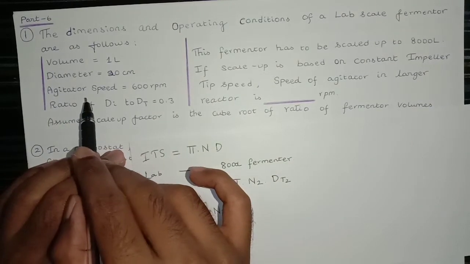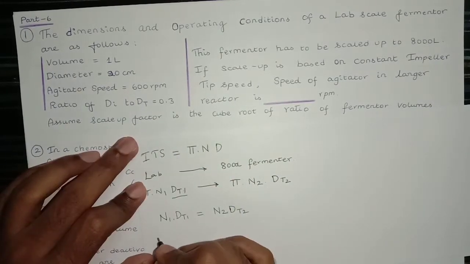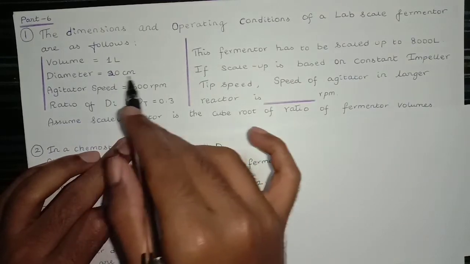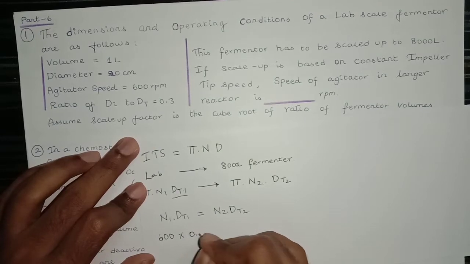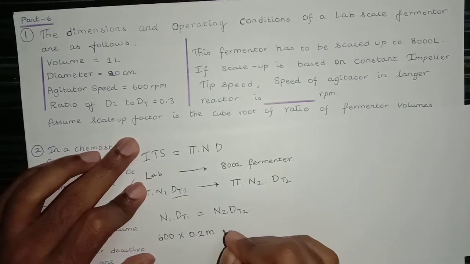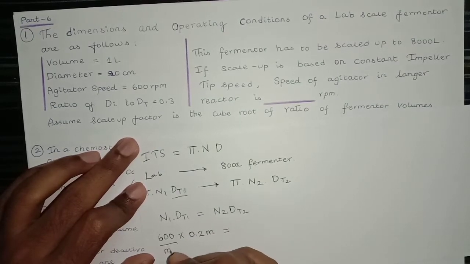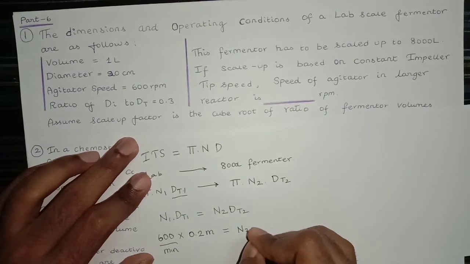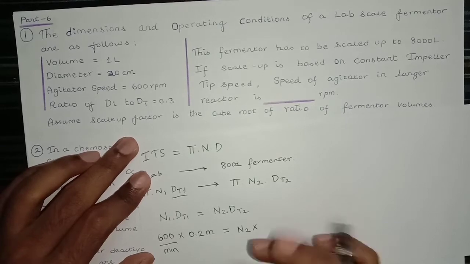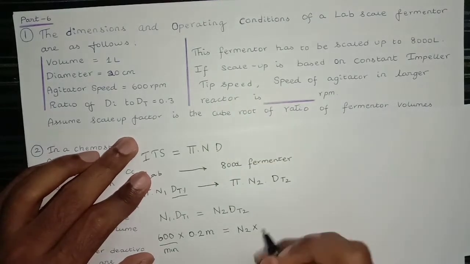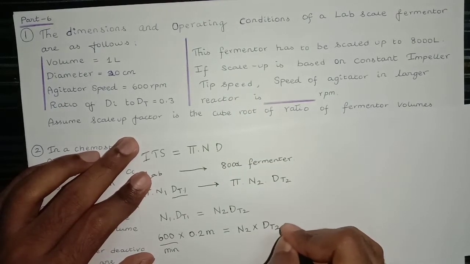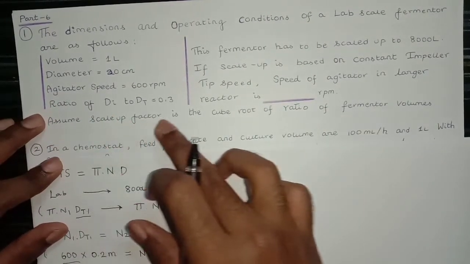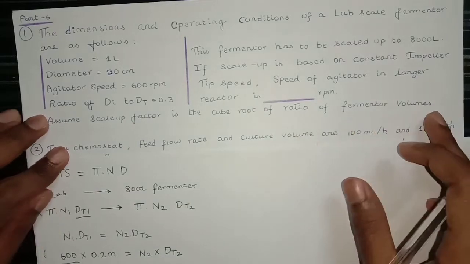The data provided are n1 equal to 600 rpm times the diameter of the tank, which is 20 centimeter or 0.2 meter, equal to n2, which has to be found, times the diameter of the larger fermenter. They have provided that the scale-up factor is the cube root of the ratio of fermenter volumes.